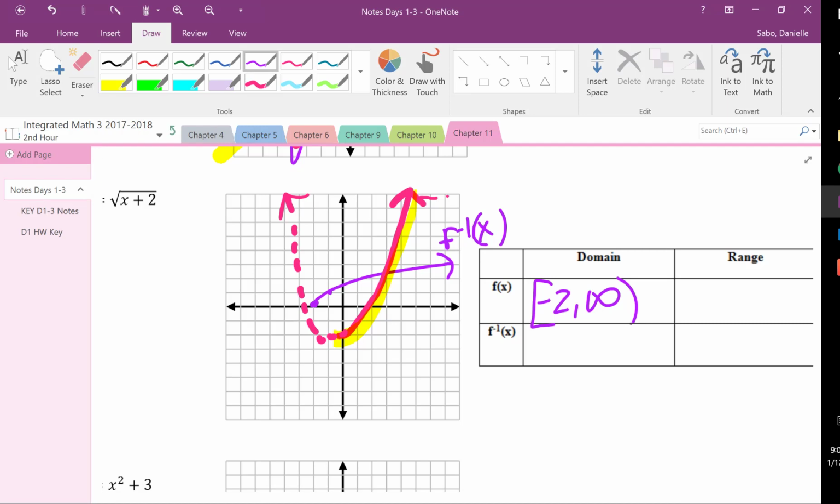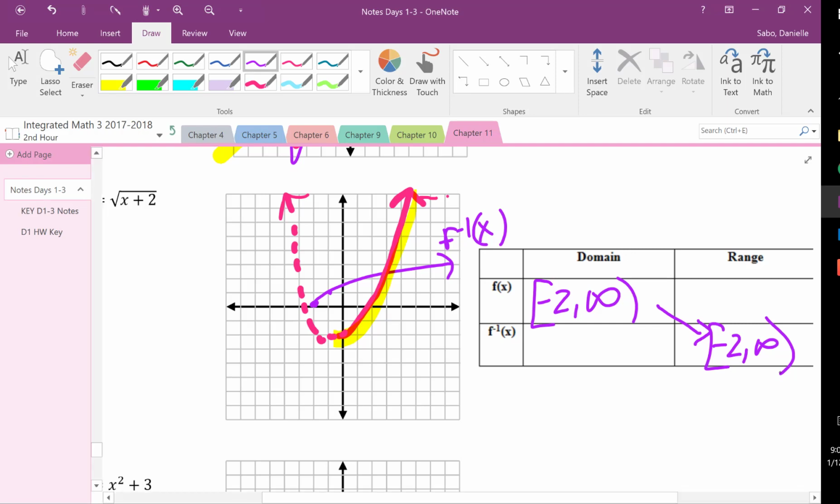I understand why you're saying that, because you're thinking like switch the x and the y's. But remember, the domain becomes the range of the inverse. So it's exactly the same, it's just being interchanged. You're switching them. And now let's see if that's actually true. When I look at my pink one here, is the range, bottom to top, does it start at -2 and does it go on forever? Yeah, so you just validated that, so awesome.